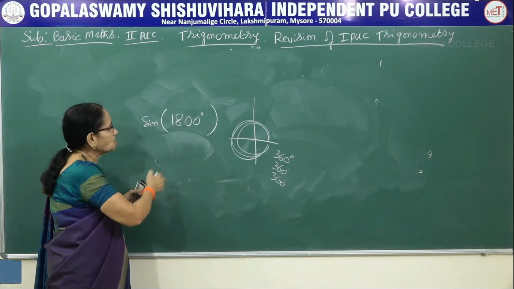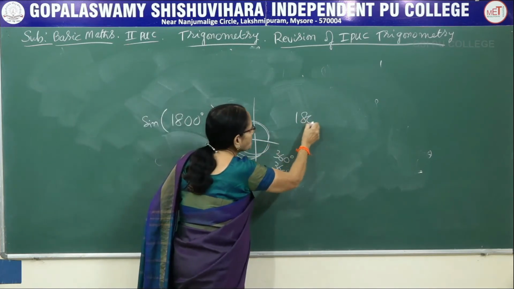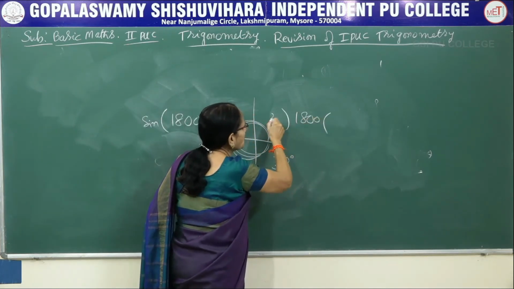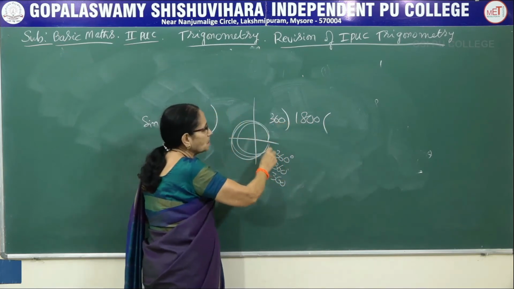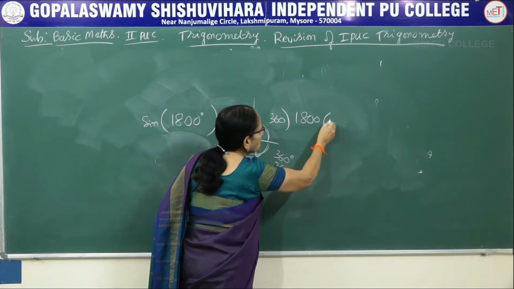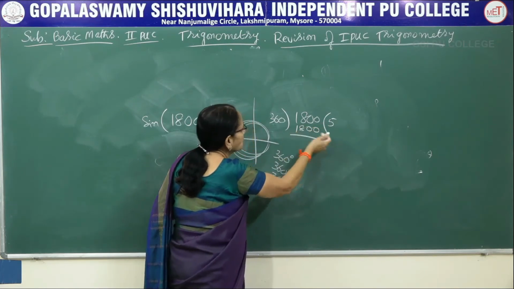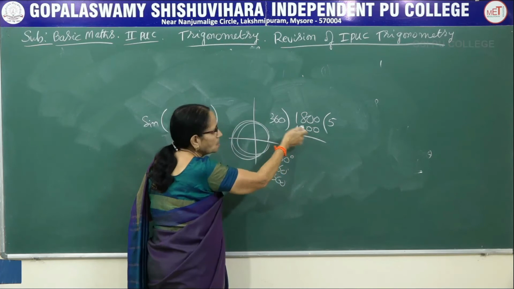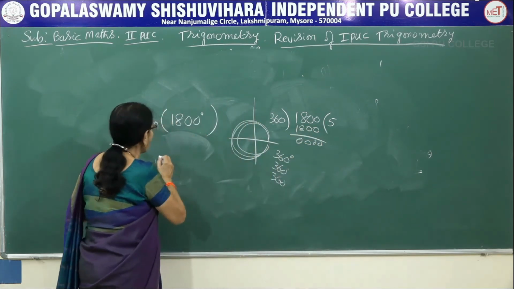So what we do is, if the angle crosses 360, first we have to divide that number, whatever it may be, by 360. How many times can you divide? In this case, you can divide it exactly, isn't it? 5 sixes are 30, and so we get here 0 degrees. So how do you write this angle?